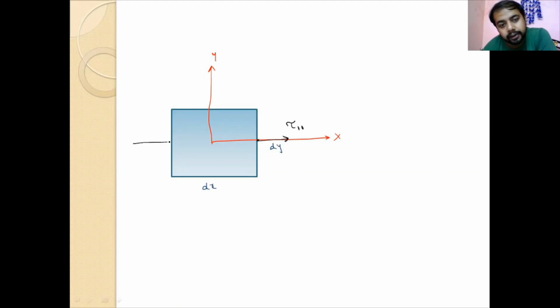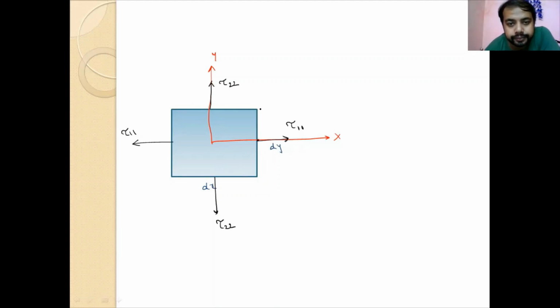Similarly, here obviously it will be tau 1 1. Here it will be tau 2 2, and the same case here.